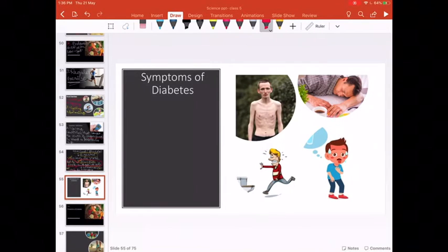Now, what are the symptoms? How would you identify by seeing that the person has got diabetes? So, the various symptoms of diabetes: first, tiredness.